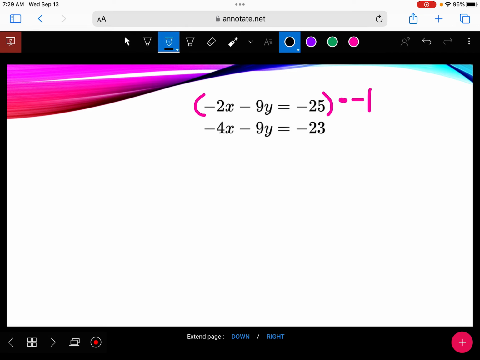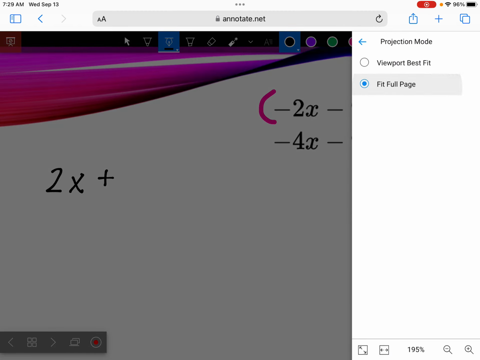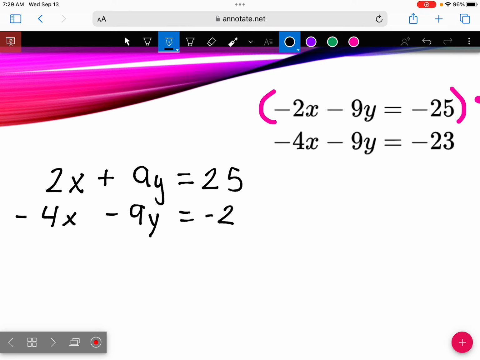So I'm just going to rewrite both of them. We're going to have 2x plus 9y equals positive 25. And then our second equation, I'm going to leave exactly as it was: negative 4x minus 9y equals negative 23.